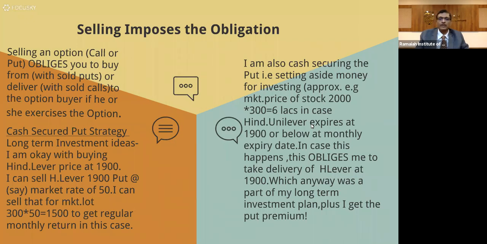Again, I'm not advocating the buying of Hindustan Lever, but generally saying as a part of my long-term portfolio, I would like to have blue chip stocks. Why blue chip stocks? Because of the COVID situation, the market has crashed 30 to 40%. I have a lot of blue chips available at throwaway prices, at least 30 to 40% down from what it was before. And as an investor, I have done my analysis.